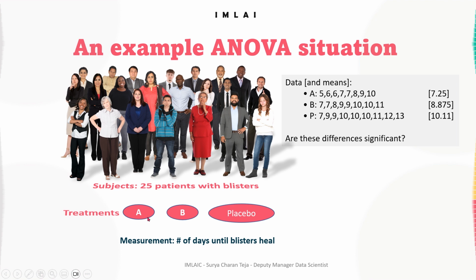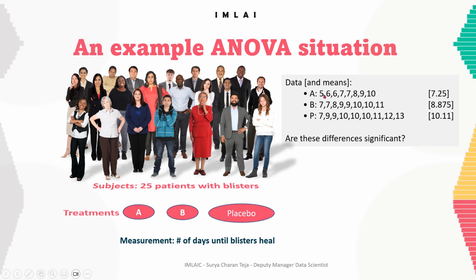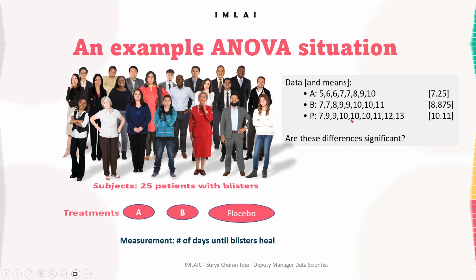Now I have collected the data. For treatment A: 5, 6, 6, 7, 7, 8, 9, 10 days. Using treatment B: 7, 7, 8, 9, 9, 10, 10, 11. For the last one, P: 7, 9, 9, 10, 10, 10, 11, 11, 12, 13.